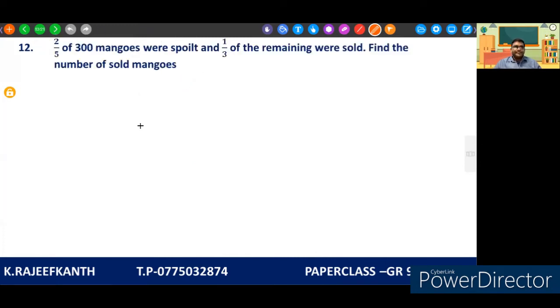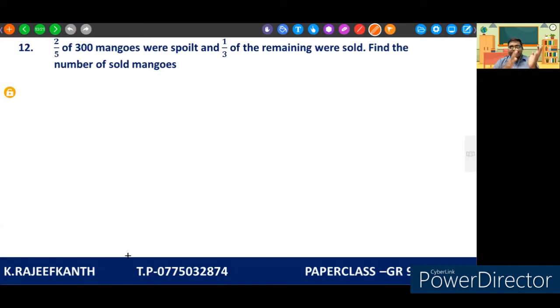12th one. 2/5 of the mangoes were spoiled and 1/3 of the remaining were sold. Find the number of sold mangoes. Here there are 300 mangoes. 2/5 of those 300 mangoes were spoiled.